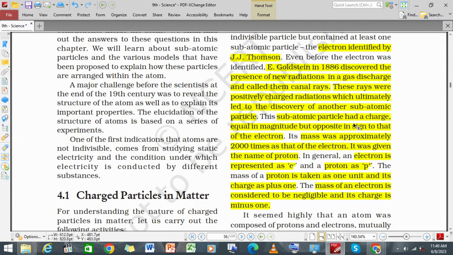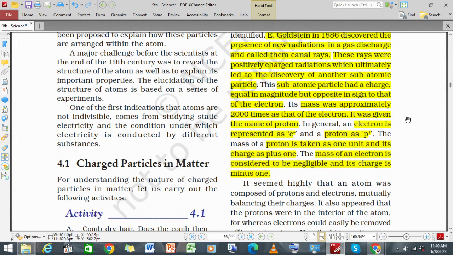Now, this subatomic particle has a charge equal in magnitude but opposite in sign to the electron. That means he found the proton, same magnitude of charge but opposite sign. And the mass was approximately 2000 times that of the electron.